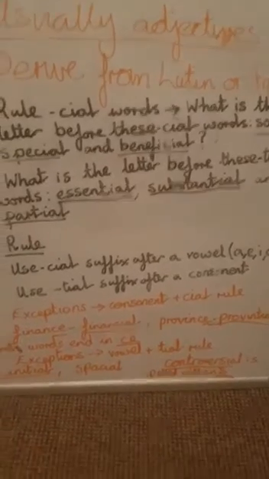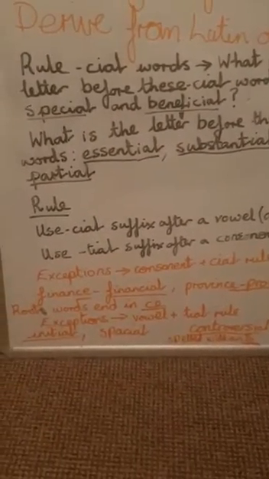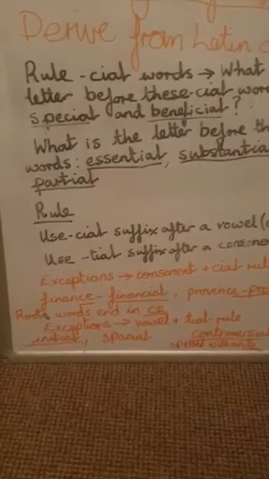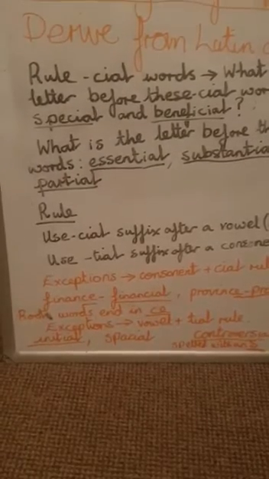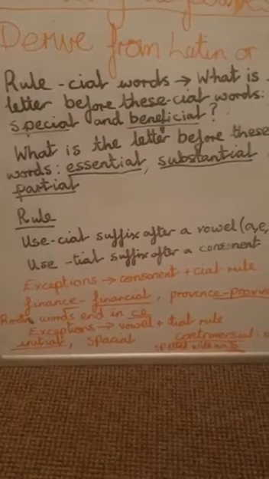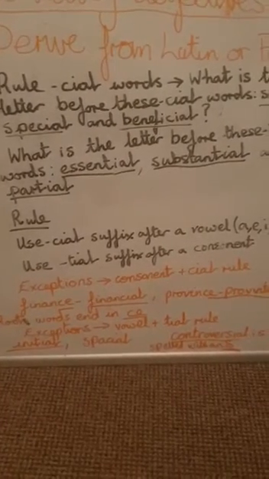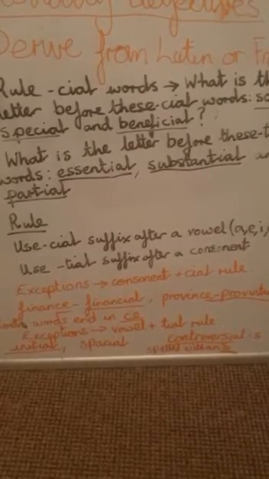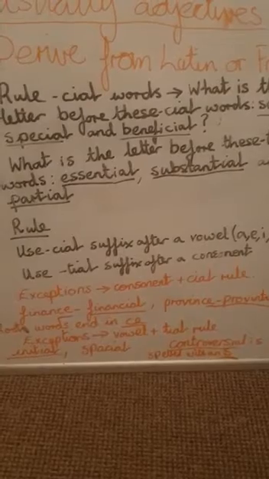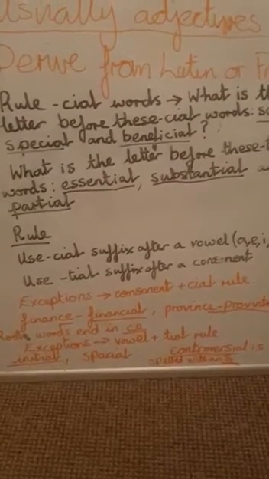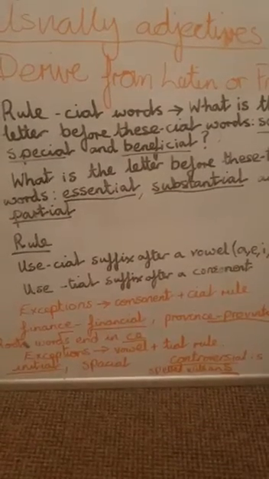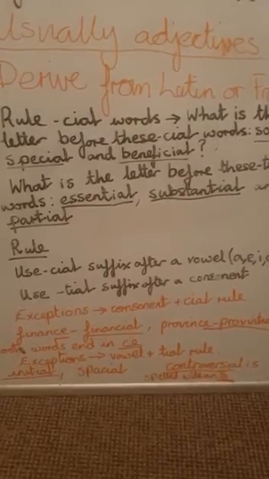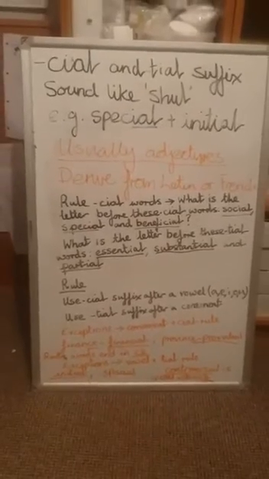Also, we need to really learn those words initial and spatial. And another good one to remember is controversial, which is very controversial because it's got the SIAL suffix.